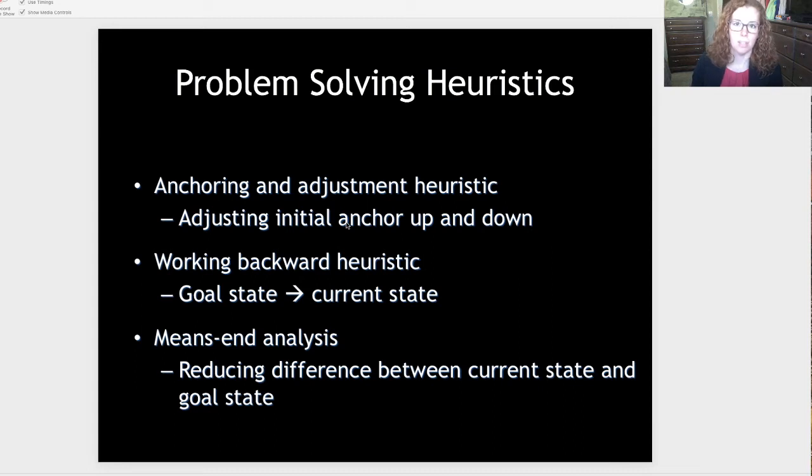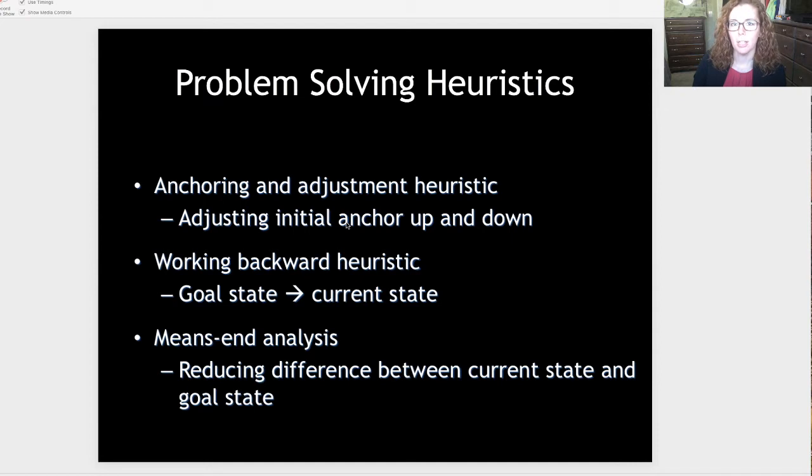So this is also important for advertising. People will anchor to an initial value if they see it first. And then they adjust their anchor up and down, but usually people don't adjust the anchor up or down enough to be accurate. If you've ever seen a sale price tag, the number that it was originally is usually quite large, highlighted big in color, and then you see the sale price a little bit further down.